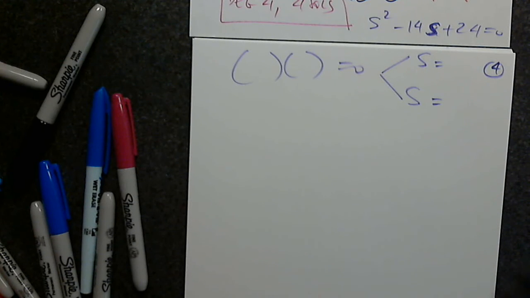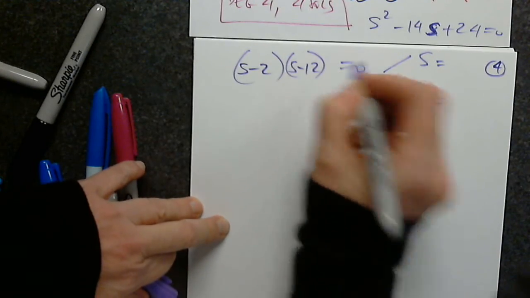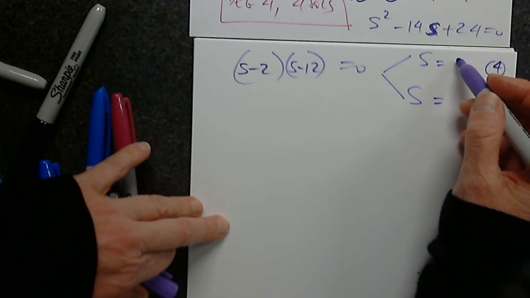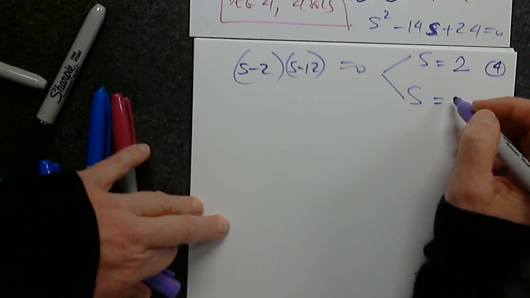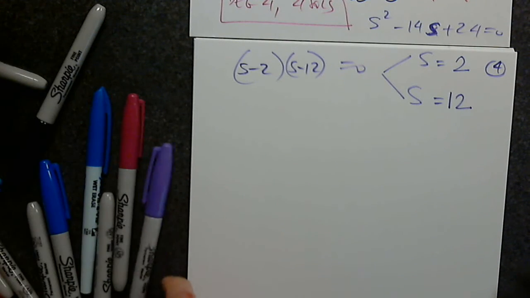The sum is negative 14 and the product is 24. Of course. Very good. Thank you. So then the first one is, it doesn't matter, the order, it's up to you. 2 and 12.